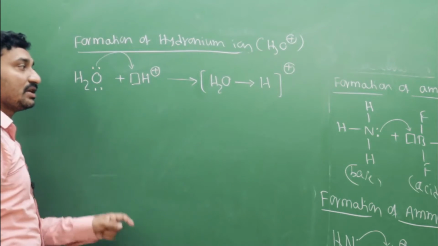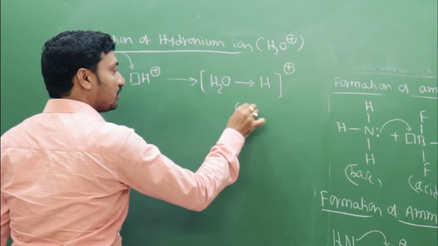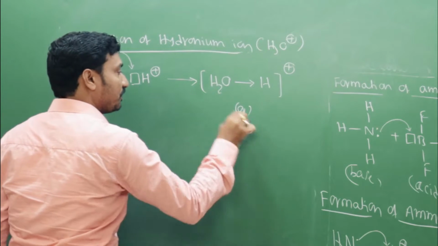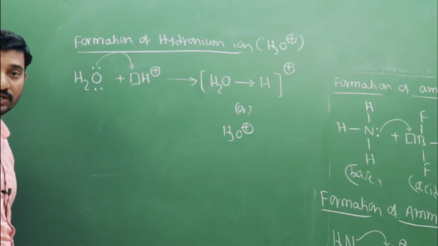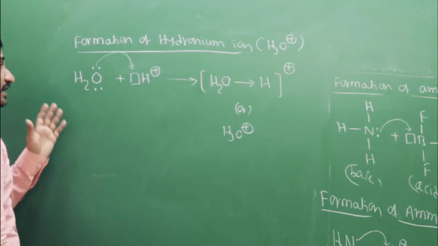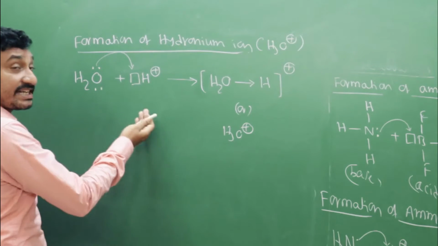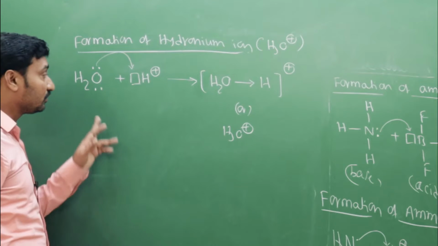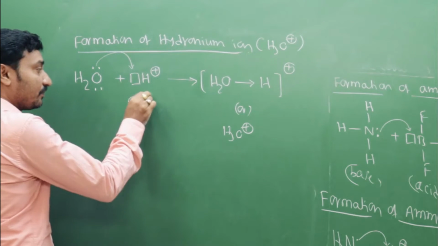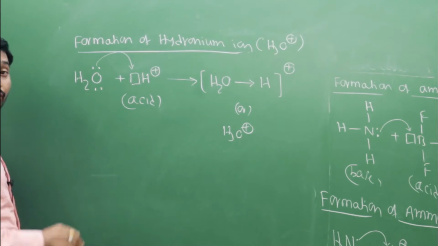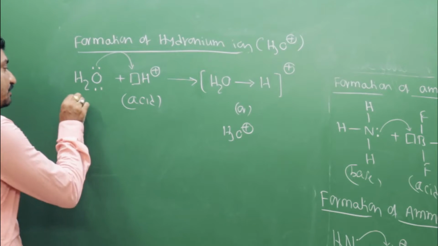Okay, so this is the formation of hydronium ion, or we simply write H3O plus, hydronium ion. In the formation of hydronium ion, which one is acid, which one is base? H plus accepts a pair of electrons from water, that's why this is acid. H2O donates a pair of electrons, that's why this is base.